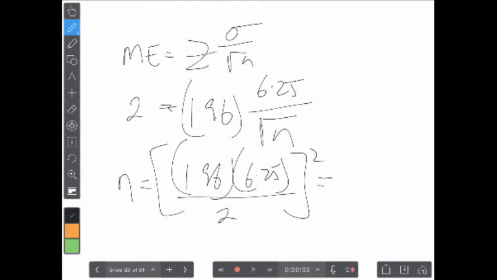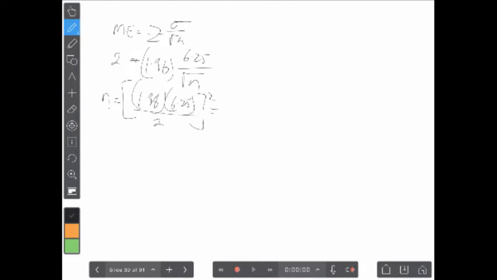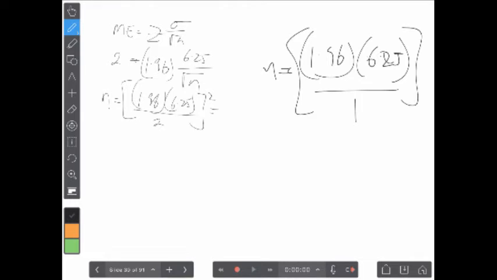So here's what we did for 2 minutes. In this case, if we want 1 minute, then all we have to do is to say n is equal to (1.96 times 6.25 over 1) squared.